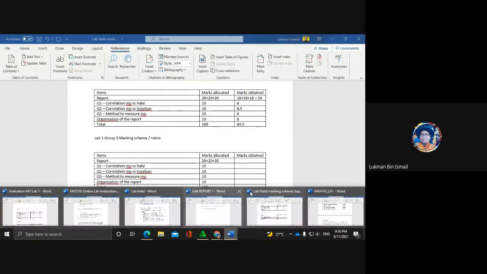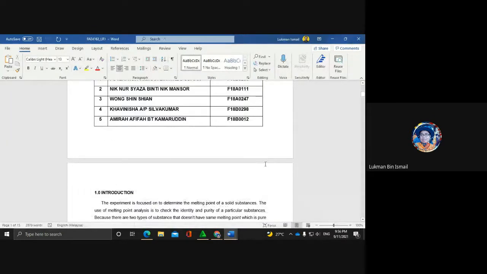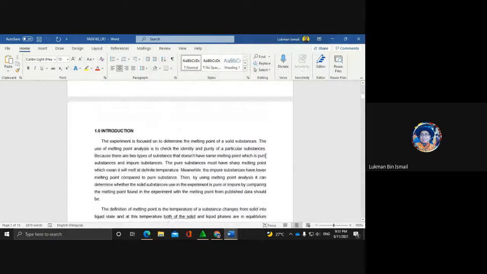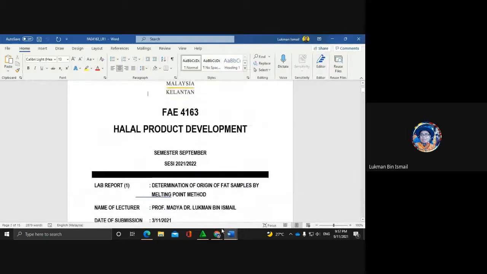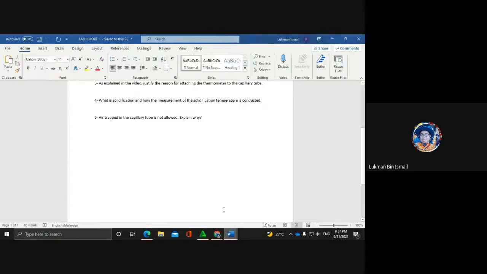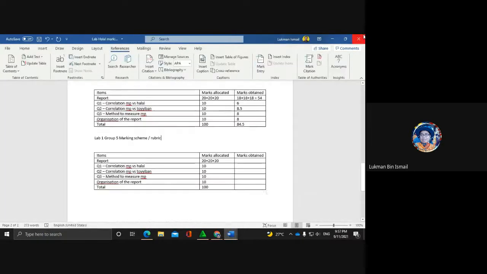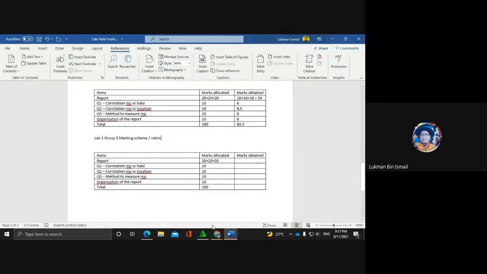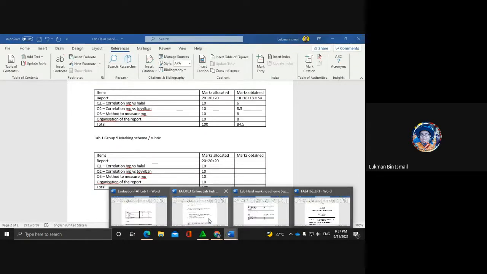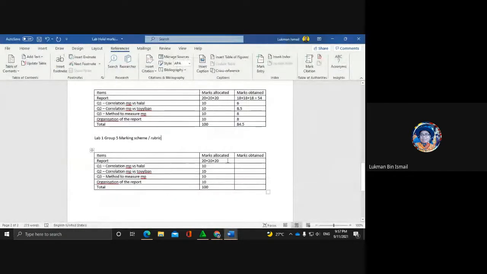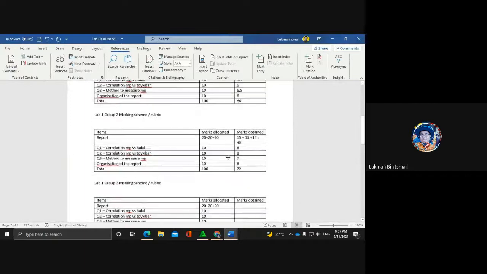Okay, let us see group mana pula ni. Yang ni tak ada number ni. Tak ada number ni memang saya potong markah lah. Which group now? So group 5 tak ada lagi ya.